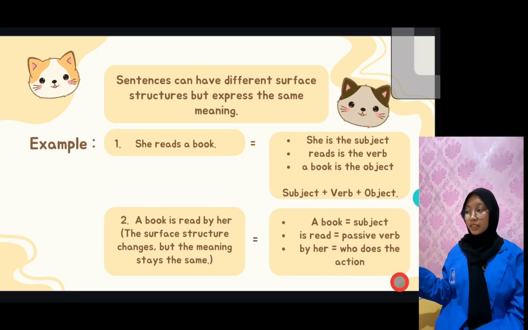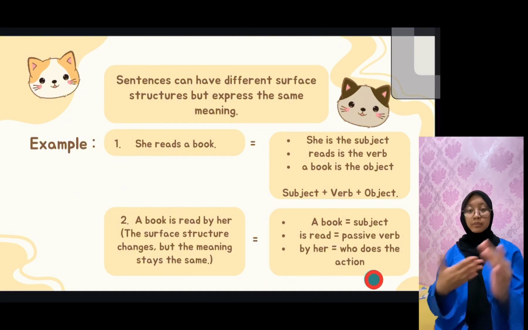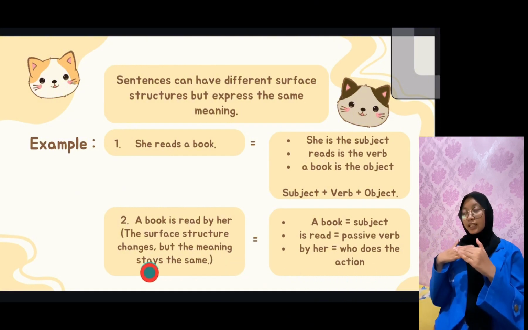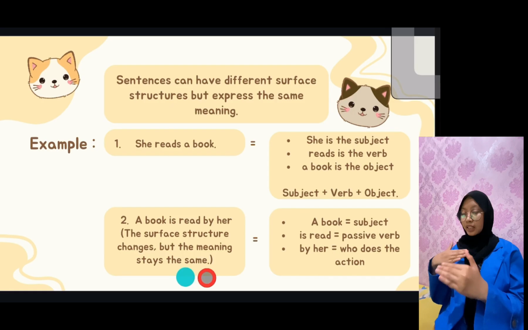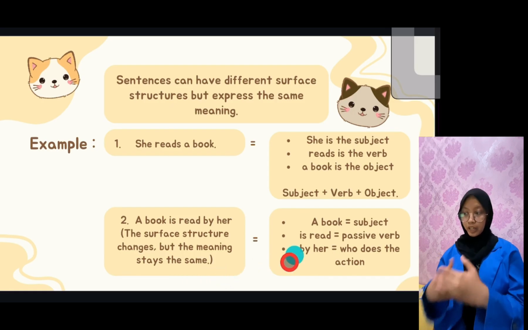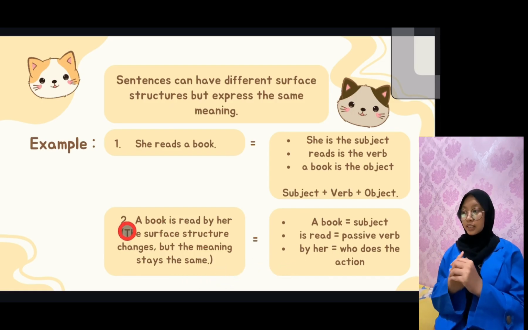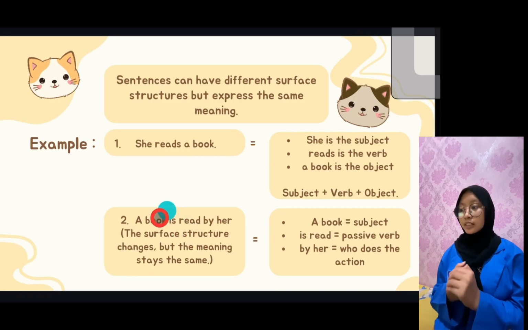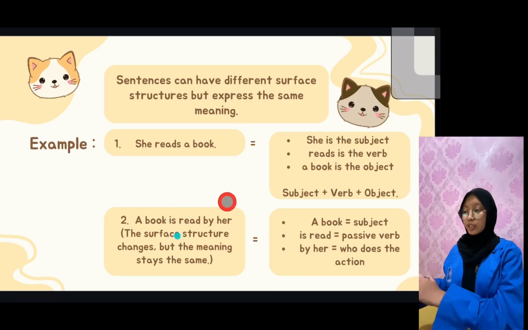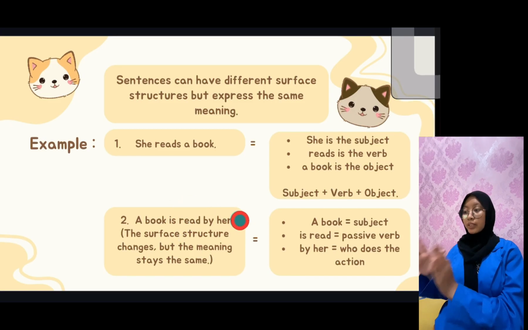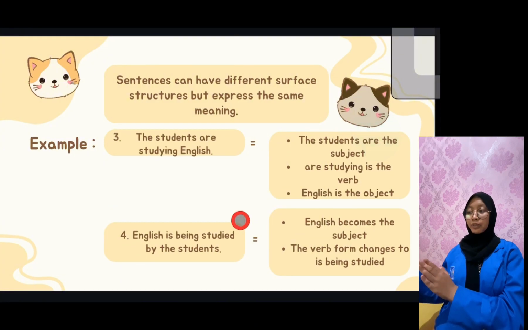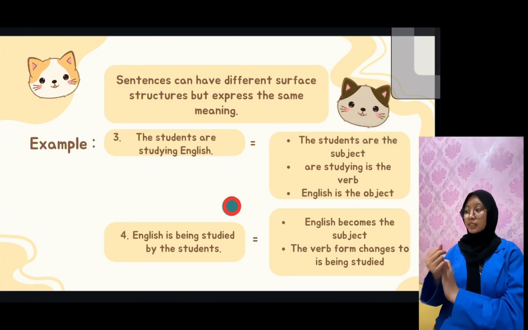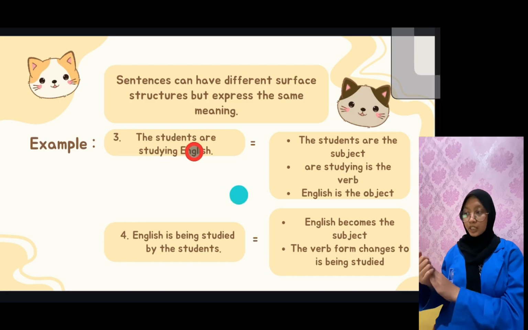And for the second example, "A book is read by her." The surface structure basically changes, but the meaning still stays the same. "A book" is the subject, "is read" is the passive verb, and "by her" shows who does the action. Next is "The students are studying English."